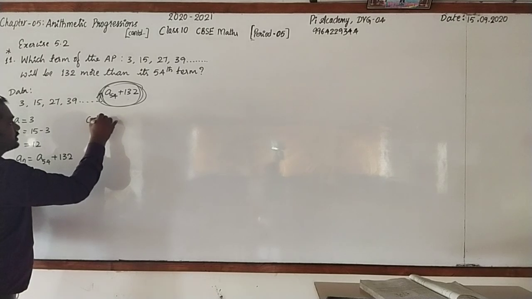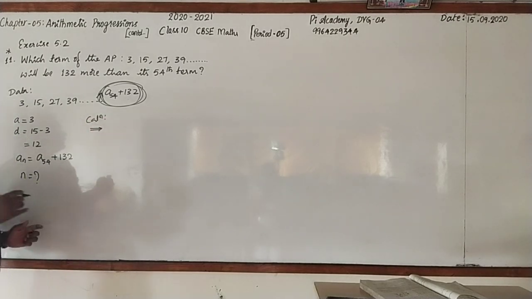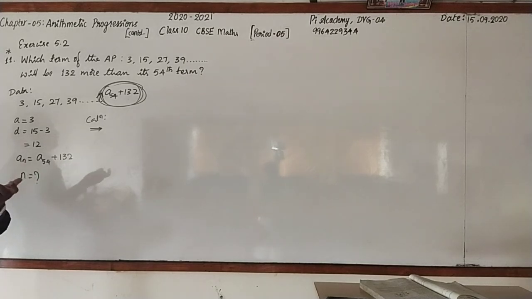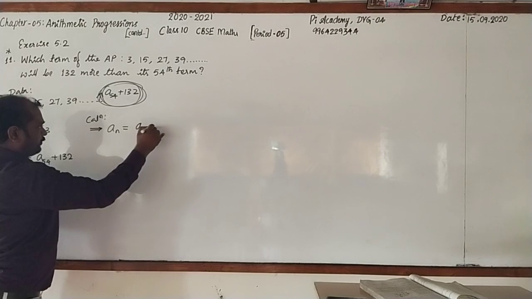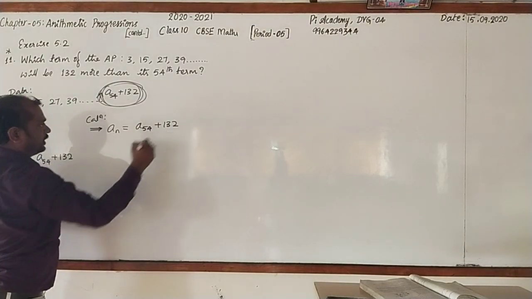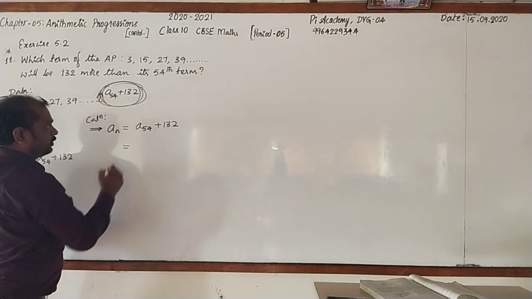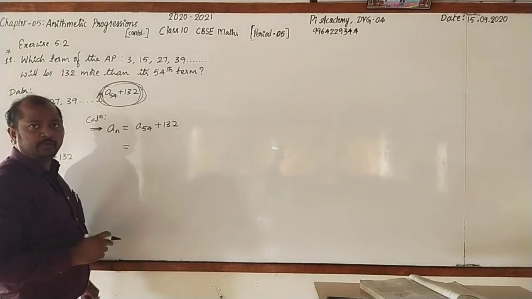Let's move on to calculation. Obviously you have to use the An formula, but we do not know the particular number which represents An. Hence, first let us find this. An is equal to a54 plus 132, which is equal to, how do you write a54?